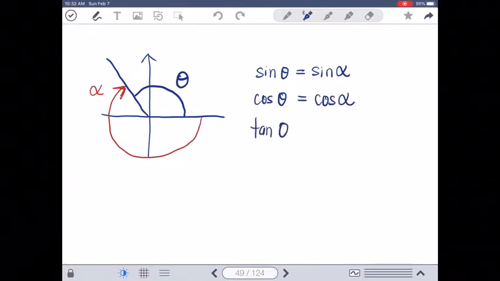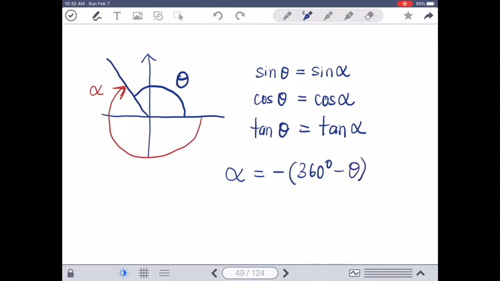And tan theta is just equals to tan lambda. Such that the relationship between theta and lambda is lambda equals negative 360 degrees minus theta. Obviously lambda is negative because it goes in that direction. It's just 360 minus theta.